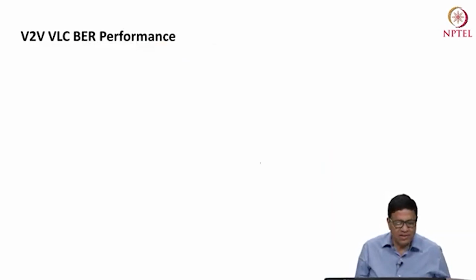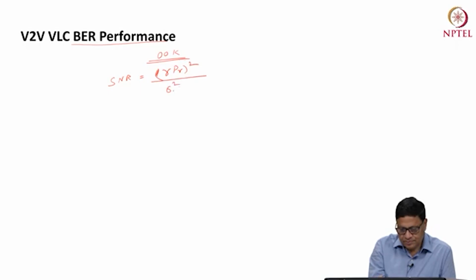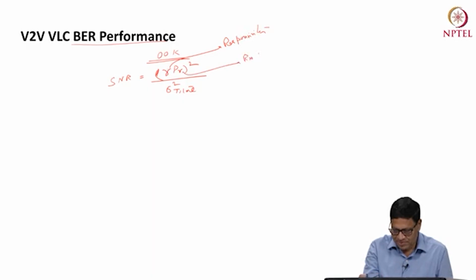So finally, let us see the V2V VLC BER performance. If I consider, for example, a simple scheme of on-off keying, the signal to noise ratio is given by sigma squared R P R squared over the total noise, where R is the responsivity of the photodetector, PR is the received power, and this is the total noise in the system.